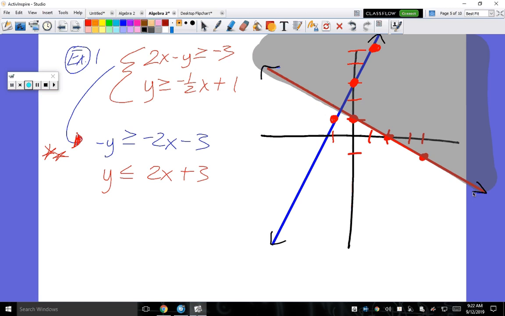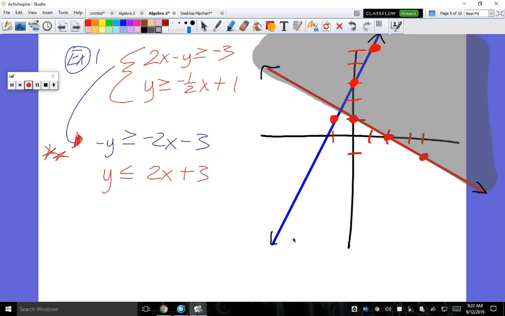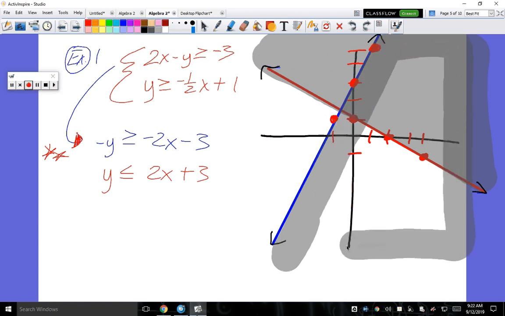Ashton, what direction on that blue line do I shade? Down. Below it, right? Yep, below it. I'm going to do below what I see, including the line. This means below. It doesn't mean to the right or left.